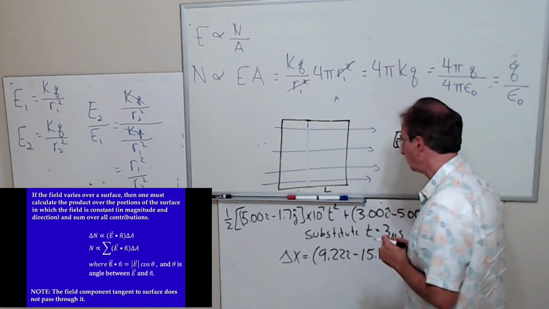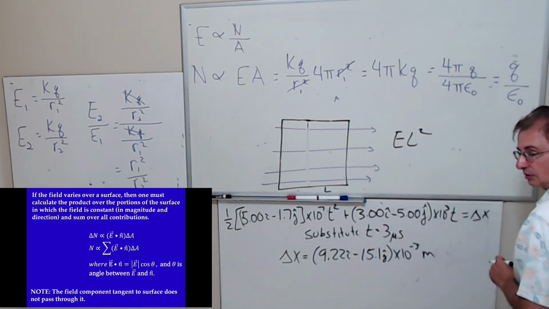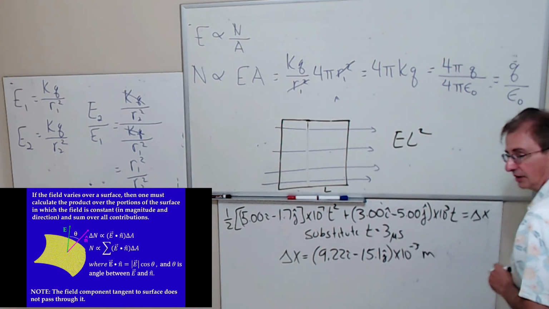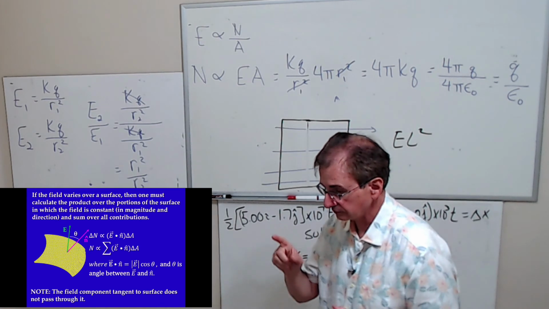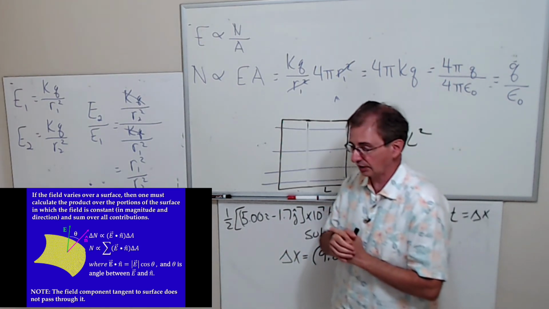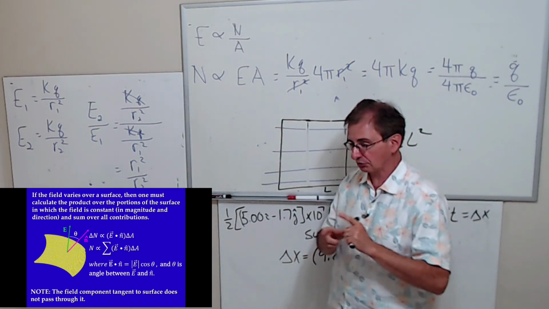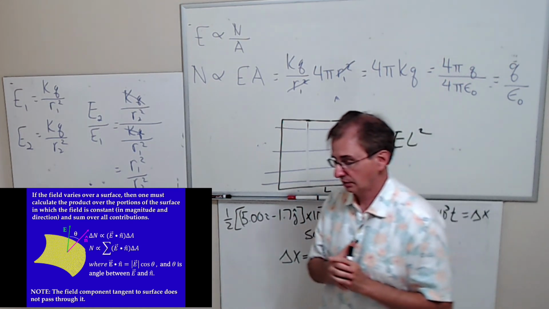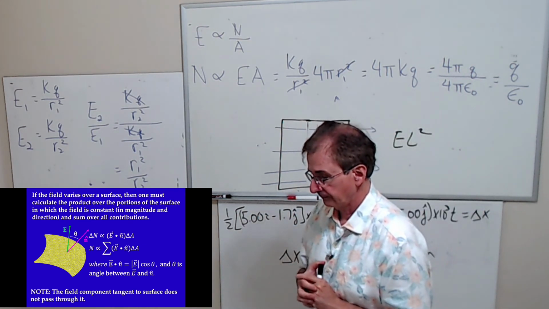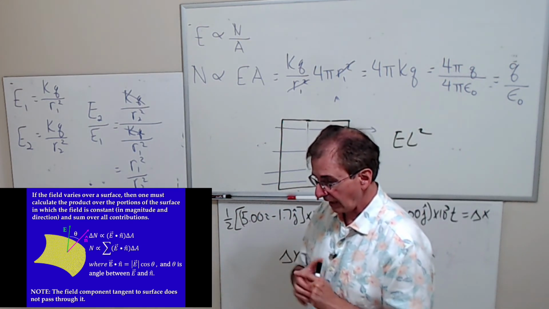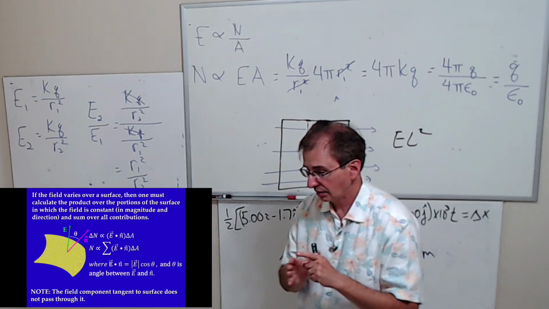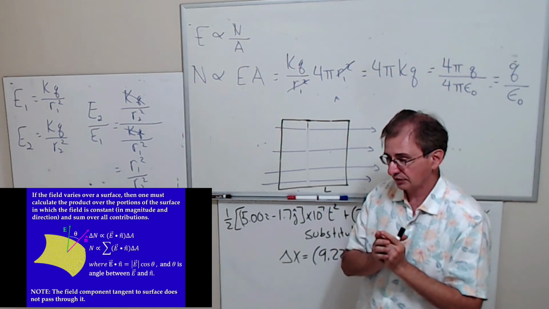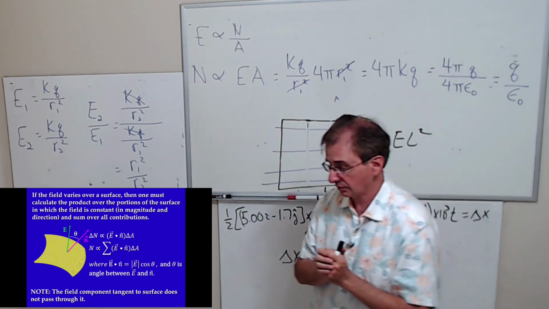And so what I have to do is consider the component of the electric field that pierces through the surface, and I got to make the area small enough so that the component that pierces the surface is constant over that surface.